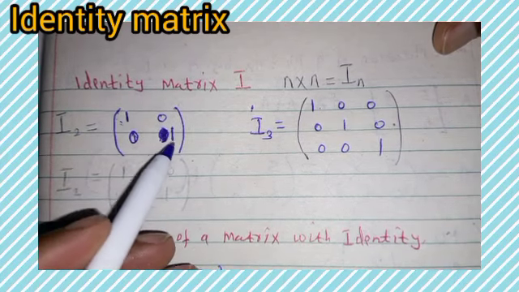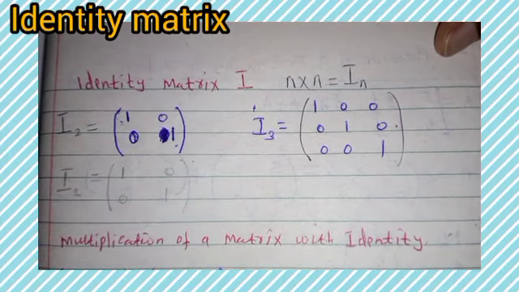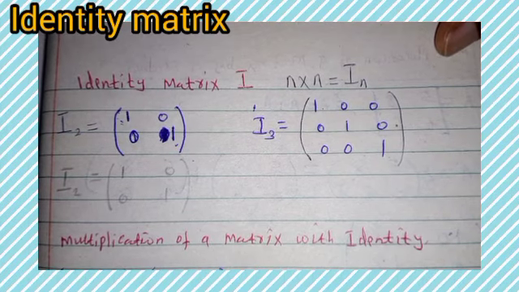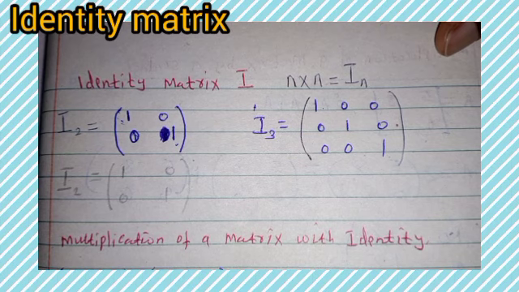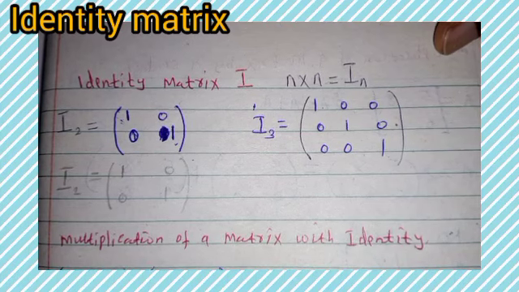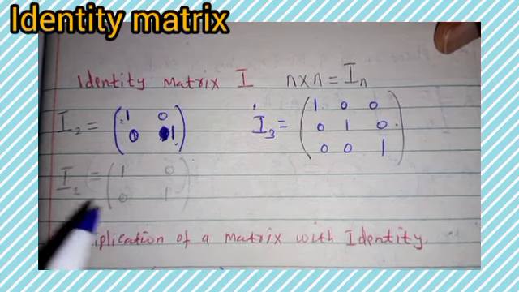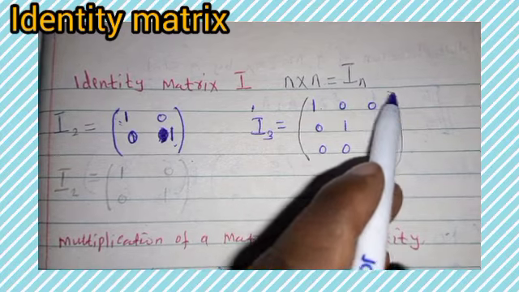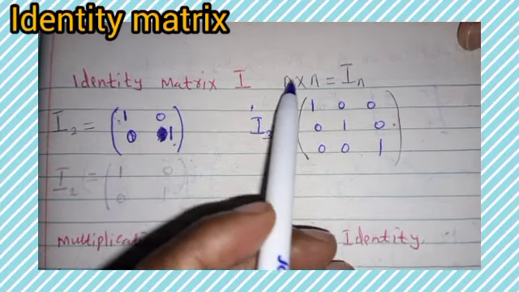The other elements off the diagonal are 0. So that is what is called the identity matrix, and it is denoted by I_n, which is of order n by n.